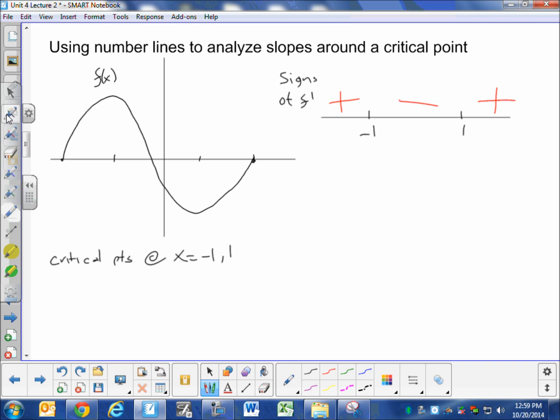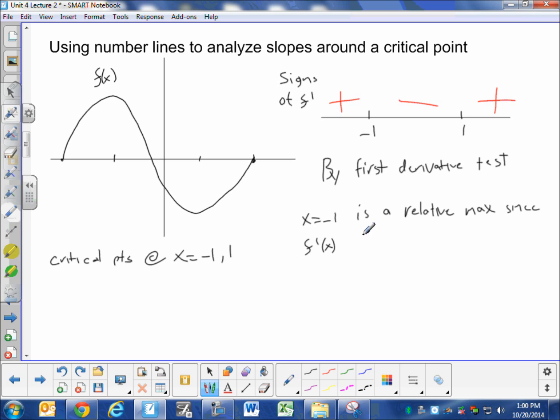Well, because of that, using the first derivative test, you could say, by the first derivative test, x equals -1 is a location of a relative max, since f prime changes sign from positive to negative at that location.